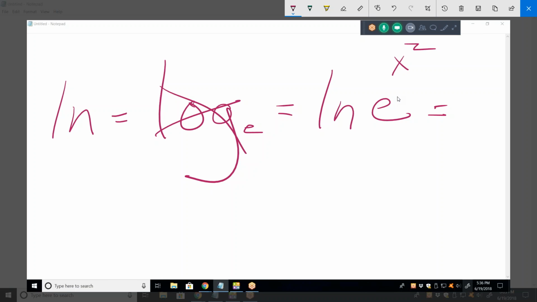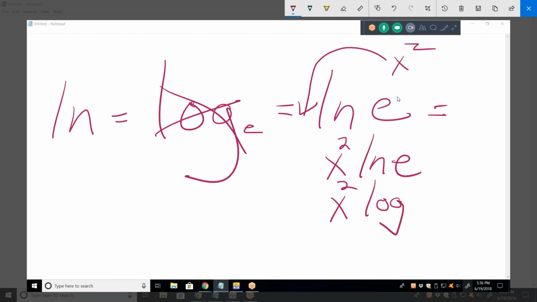There's two ways to do this. Let me go through both of them. First of all, bring that down in front. So this is the same as x squared times the natural log of E, which is the same as x squared times the log base E of E. Well, what is log base E of E? 1, exactly.